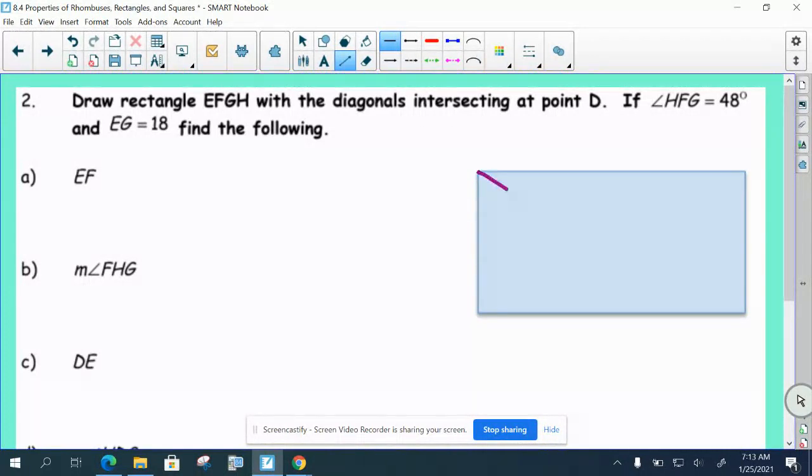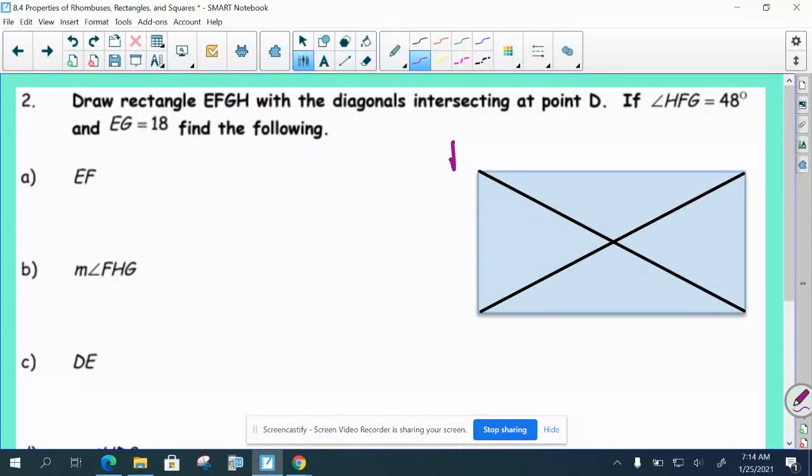I'm going to draw in my diagonals. Oh wow, what happened to my line tool? Let's try that again. There we go. Okay, E, F, G, H, and the diagonal intersection point is D. They're saying angle HFG, this angle right here, is 48.